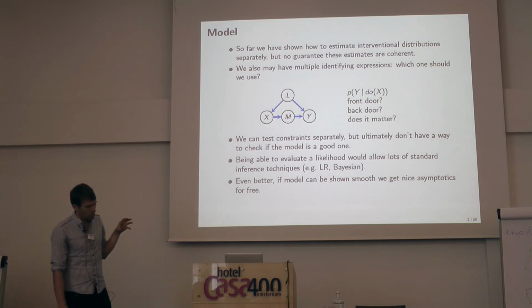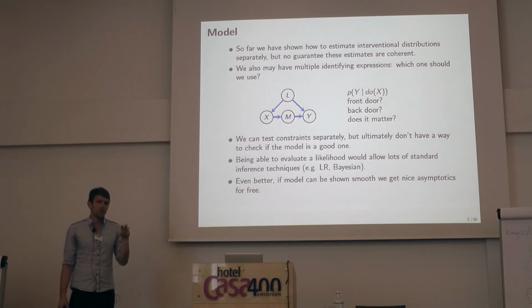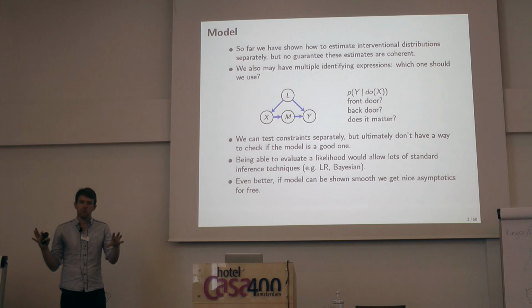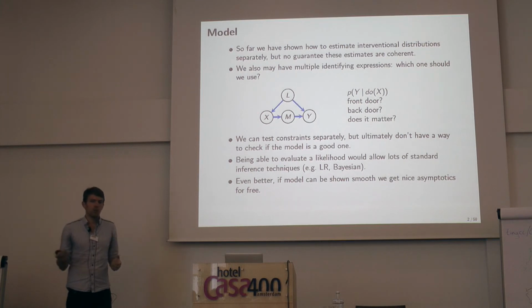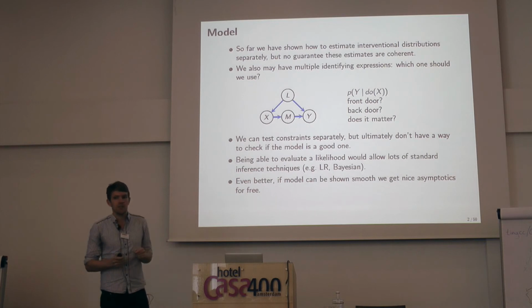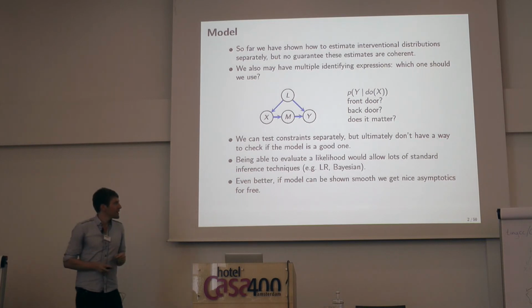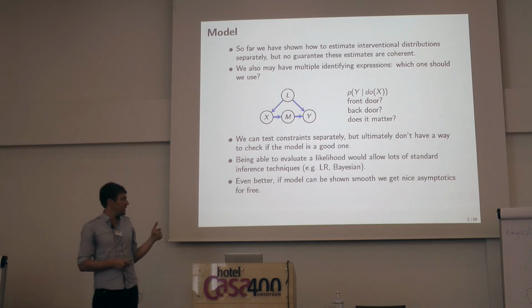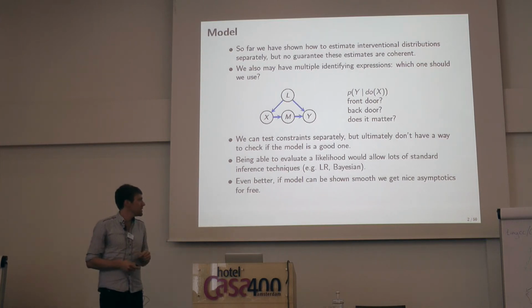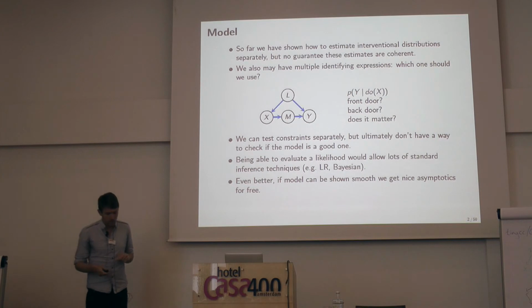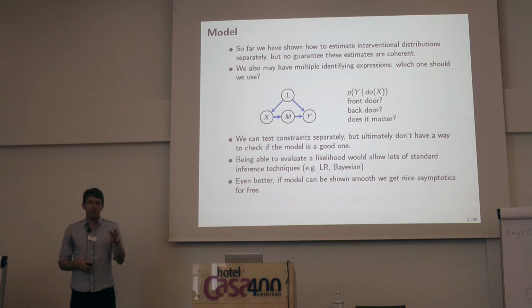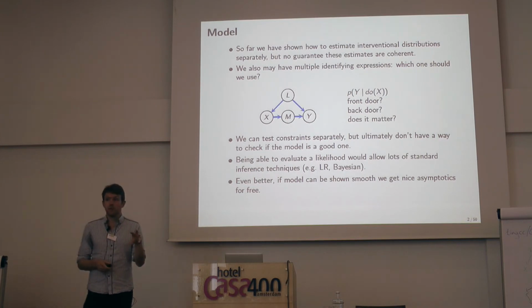So one of the things that's important to emphasize is that obviously we know how to deal with DAGs with latent variables. But latent variable models are not very nice things statistically. They're irregular models, they have identifiability problems in general, and they also force you to make assumptions about the latent variables which you might not want to make.